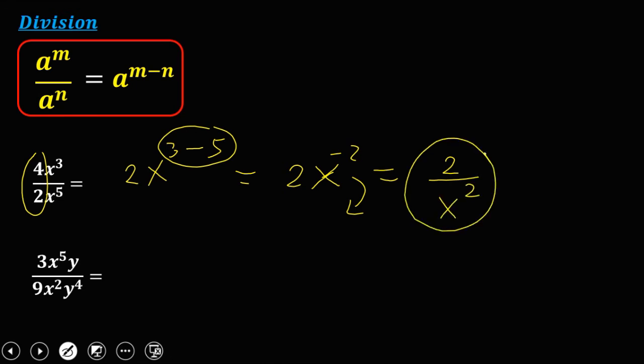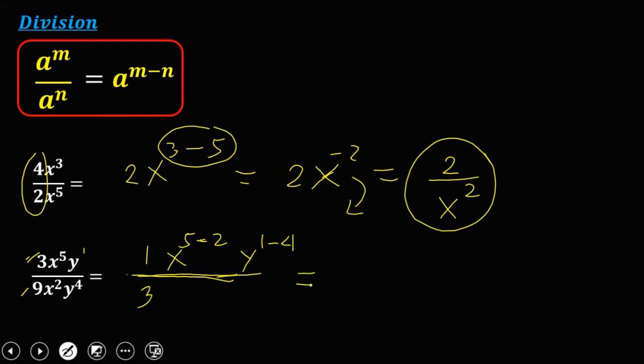So this one, 3 and 9, that's 1/3. Then x to the power 5 minus 2, and also y, we have 1 on y, so 1 minus 4.